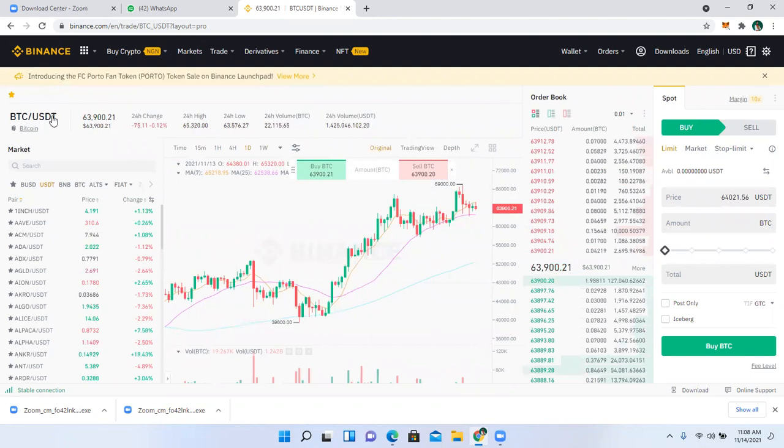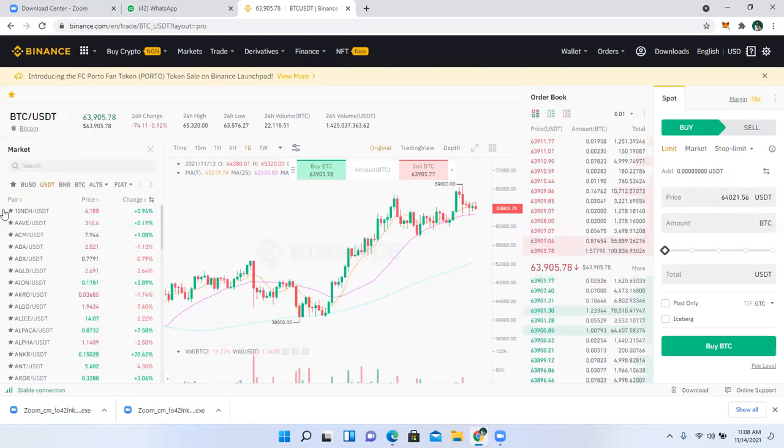Now, the first thing is the trading pair. BTC, by default, is BTC/USDT. So USDT is the base pair. Like I said, you're always converting a coin to a particular token. What this simply means is that if I click on buy now, I'm buying BTC with USDT.